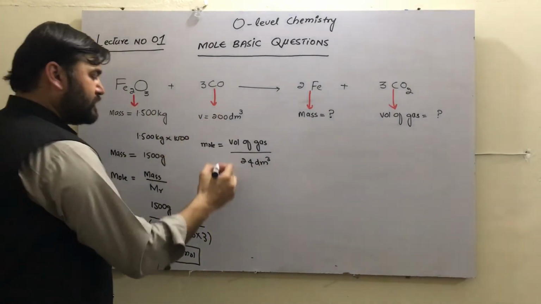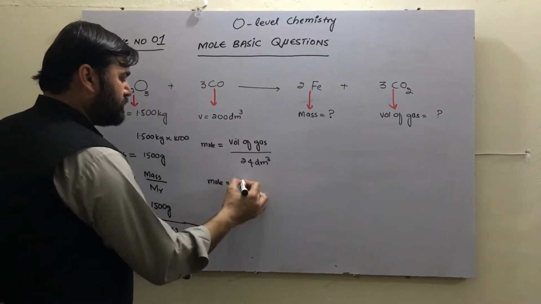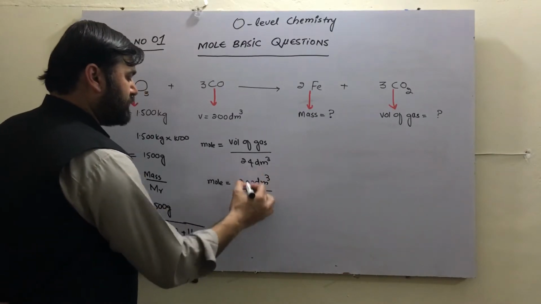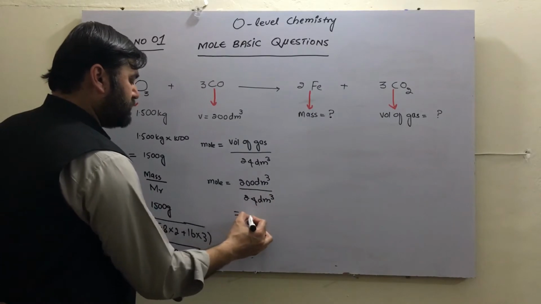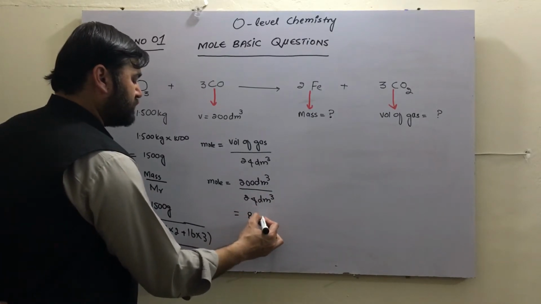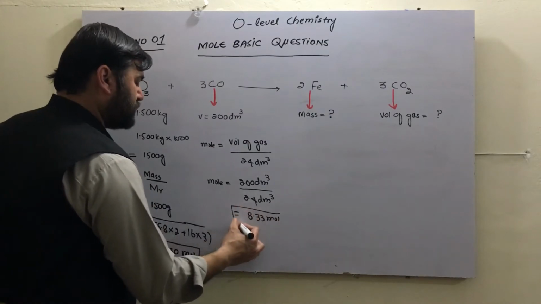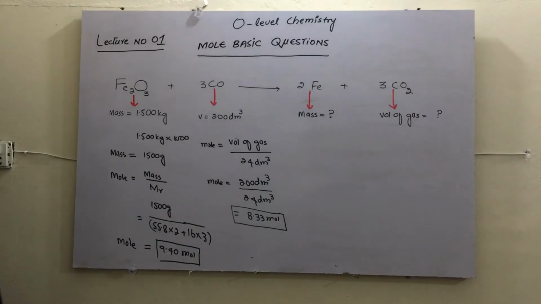So the volume is 200 dm cube divided by 24 dm cube. The answer is 8.33 mole. So just divide it.